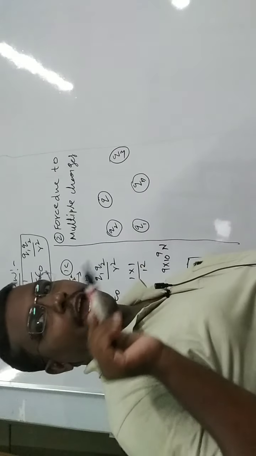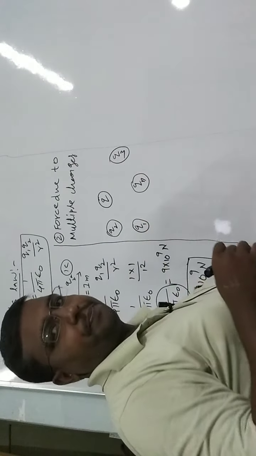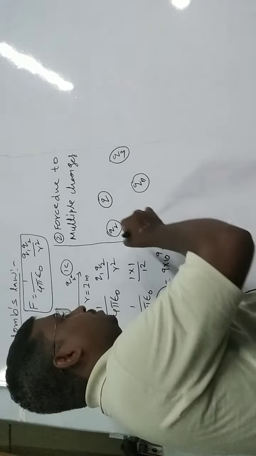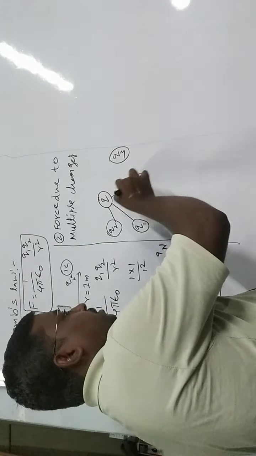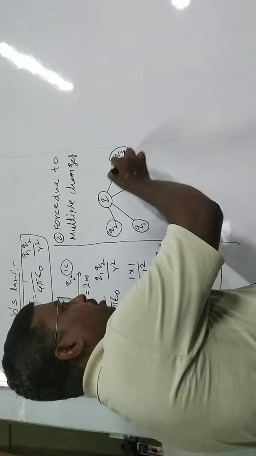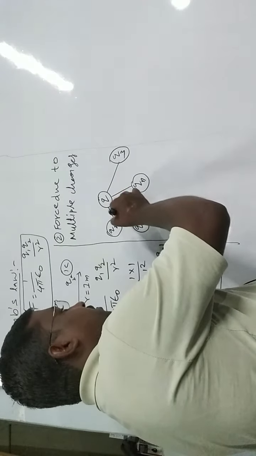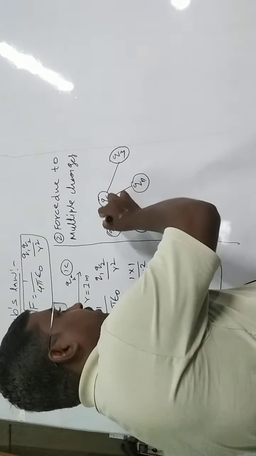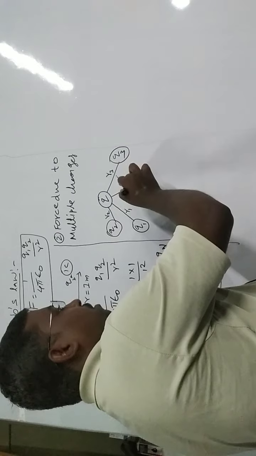What is the net force acting on this charge Q due to these multiple charges? First of all, we find the distance between the multiple charges and the main charge. So the distances are R1, R2, R3, and so on up to Rn.